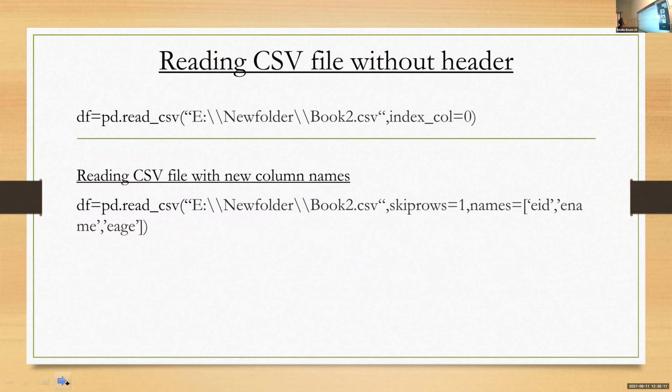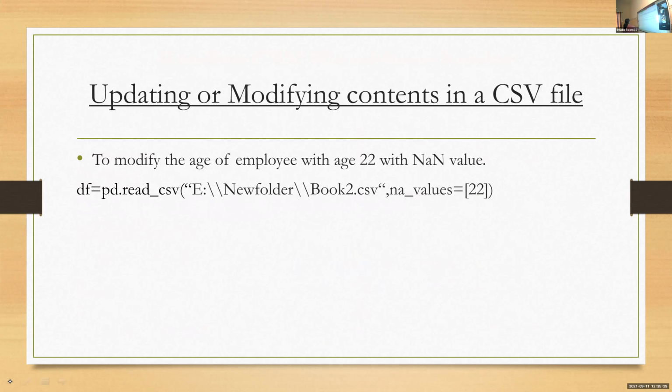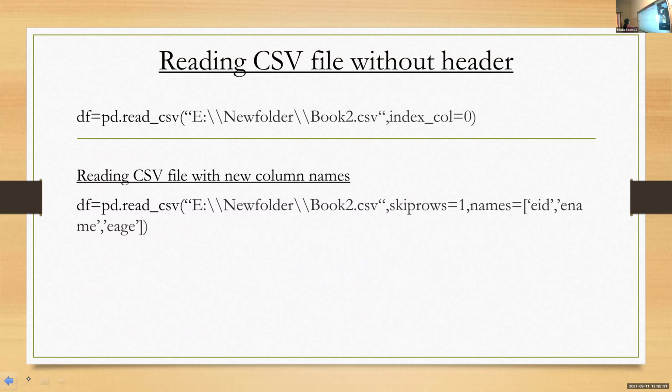Then next, it is reading a CSV file without index. That is, df is equal to pd.read_csv. We can give index_col equal to 0.